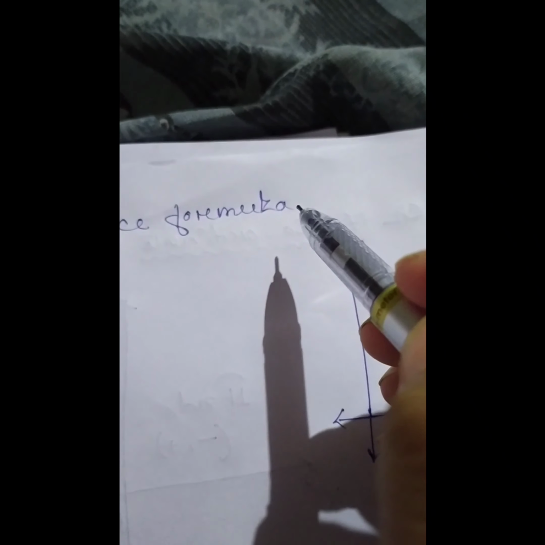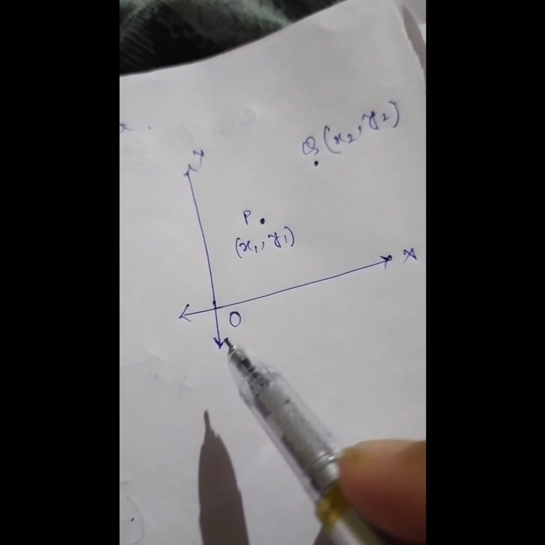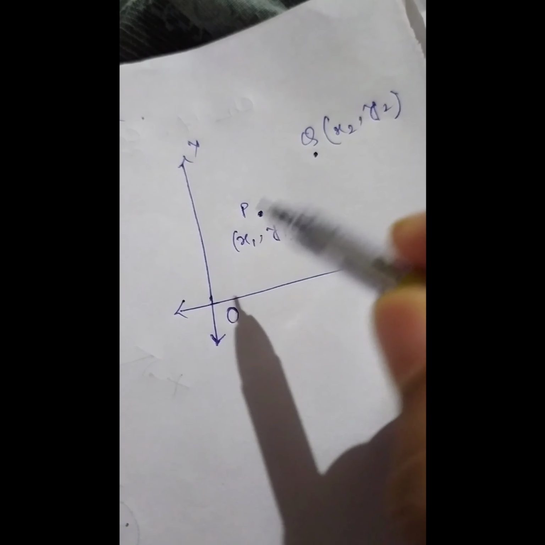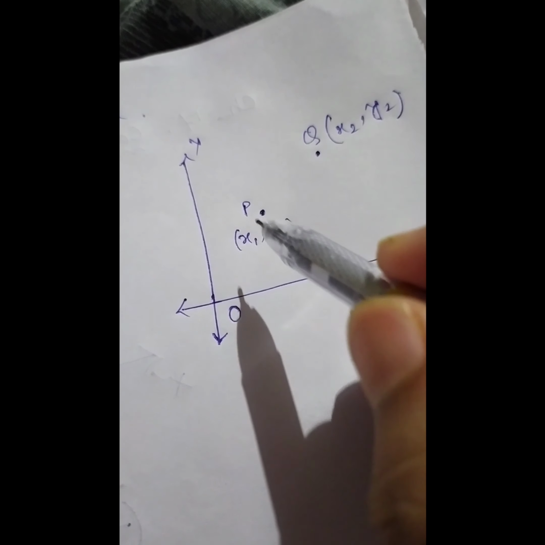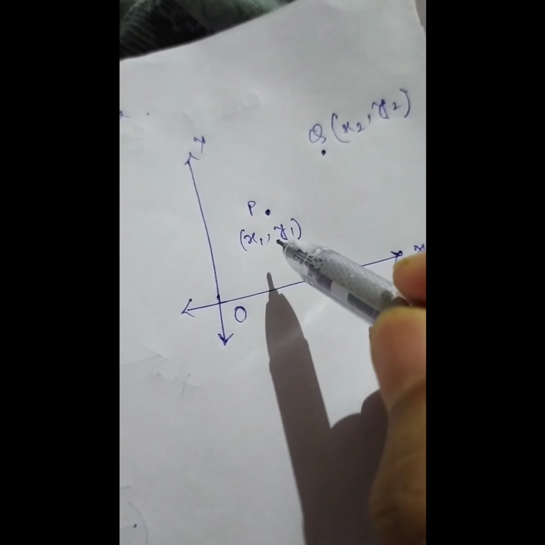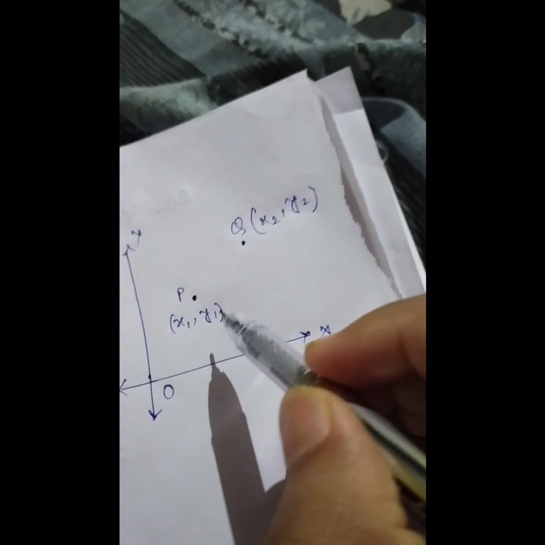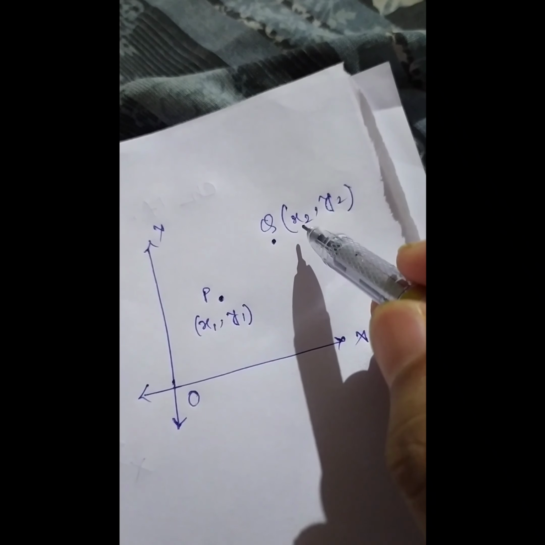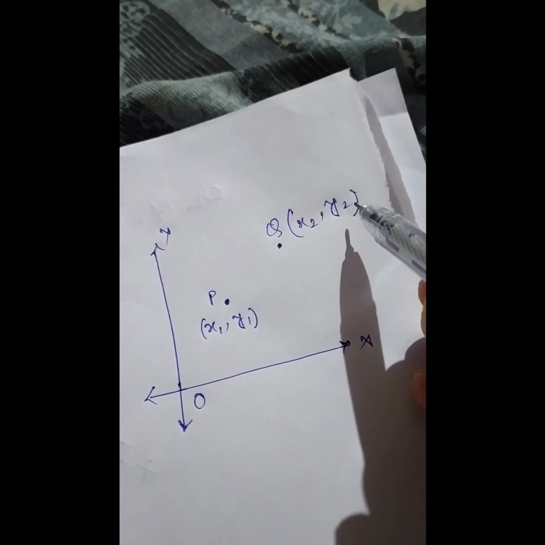Distance formula. Suppose there is a coordinate axis, x-axis and y-axis, and two points P and Q. The coordinate of P is (x1, y1), and the coordinate of Q is (x2, y2).